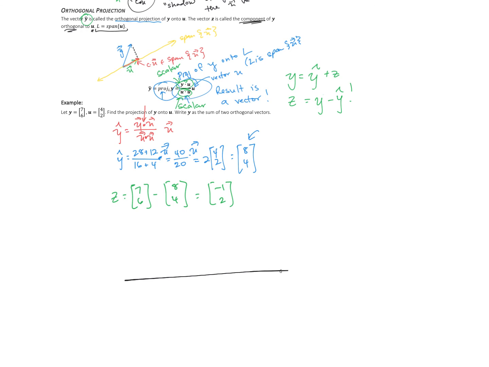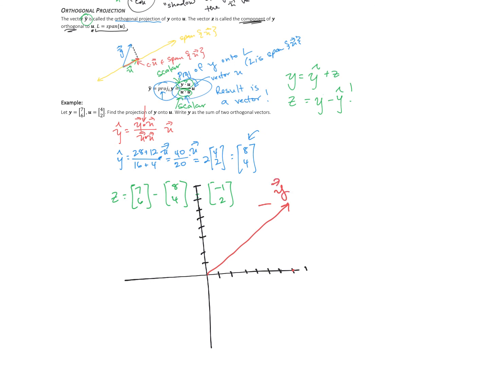Okay, here we go. We're all in the positive quadrant, so it doesn't really matter. Our y vector is (7, 6). So 1, 2, 3, 4, 5, 6, 7 across, and 1 through 6 up. So something like here-ish. Okay, so there's y.